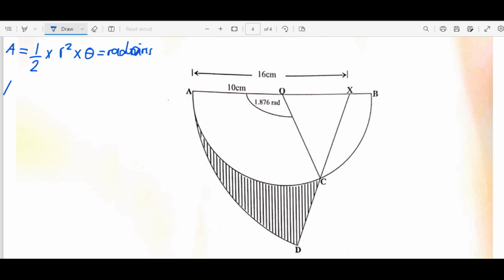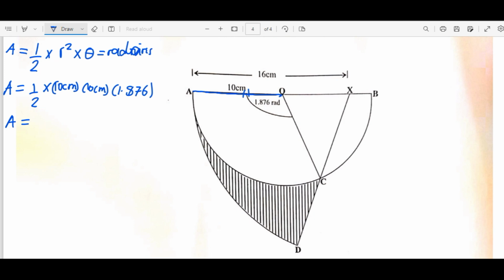So let's now proceed. We'll say area is equal to half multiplied by our radius. The radius is 10 centimeters, so it's 10 centimeters multiplied by another 10 centimeters multiplied by the angle, which is 1.876. And when you are dealing with this, make sure that your calculator is in radians.